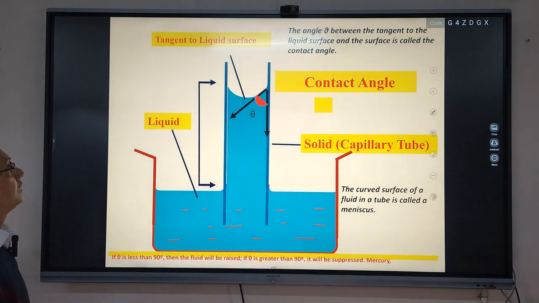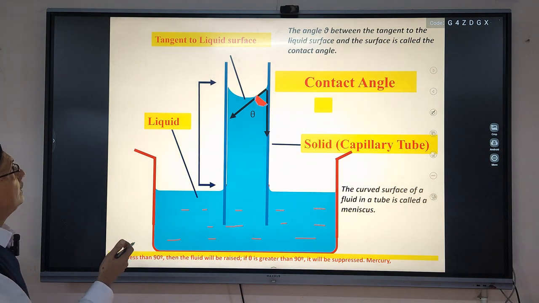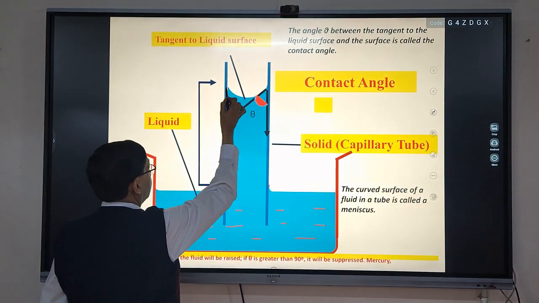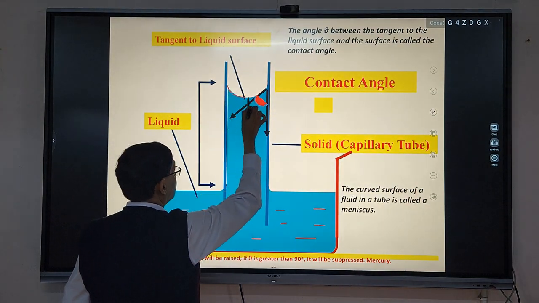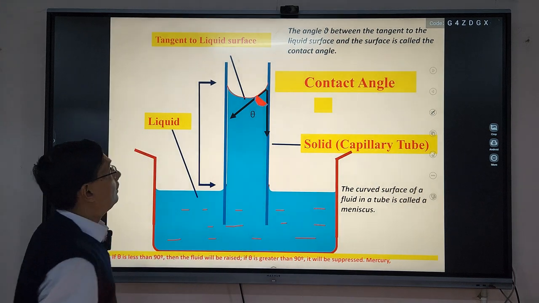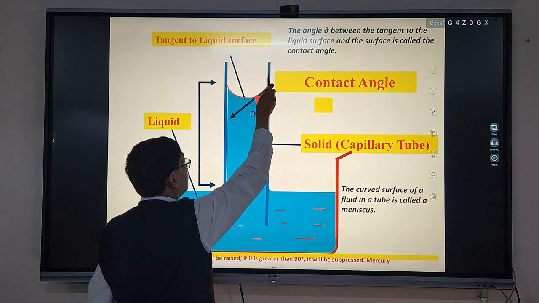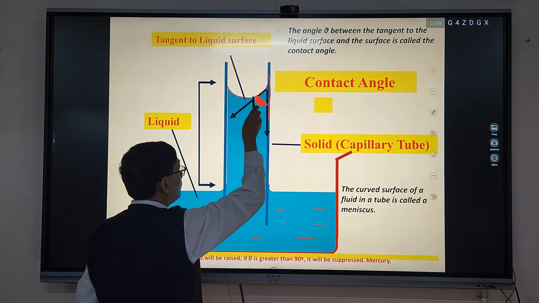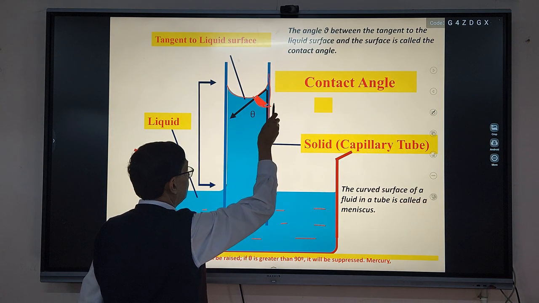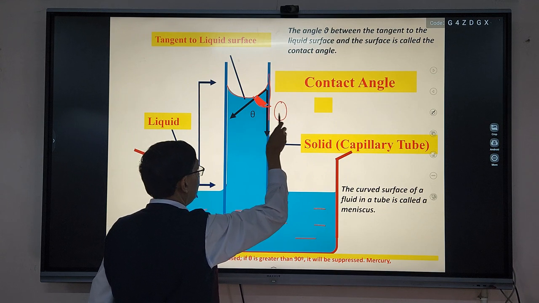And the angle between the tangent of the liquid surface and the surface is called the contact angle, which is very important.